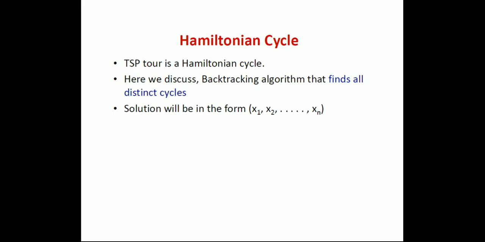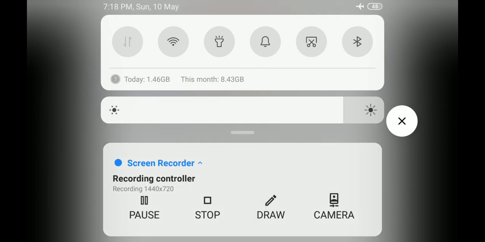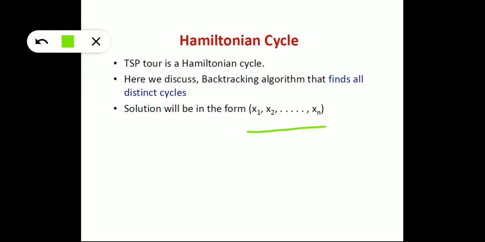Now we look at a backtracking algorithm that finds all Hamiltonian cycles in the graph. The graph may be directed or undirected, and the output should always be distinct cycles. Backtracking solution vector: x1 to xn is defined so that xi represents the ith visited vertex of the proposed cycle.